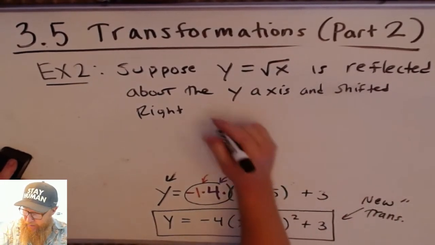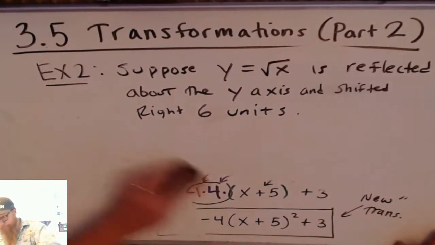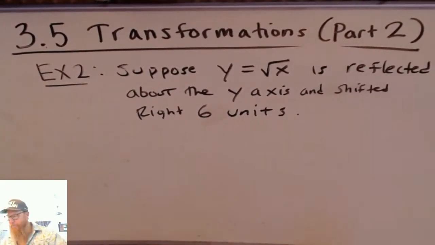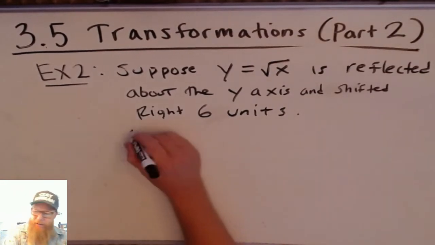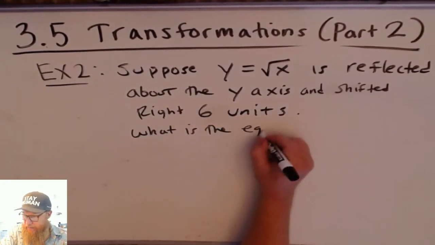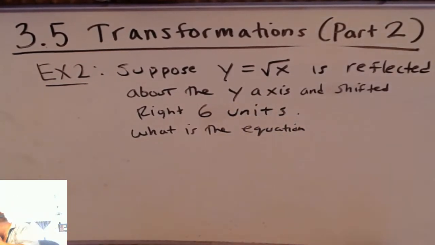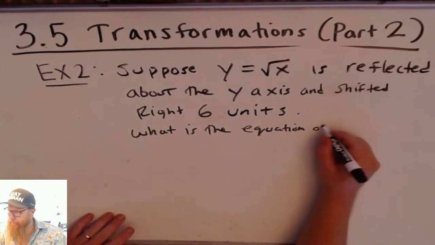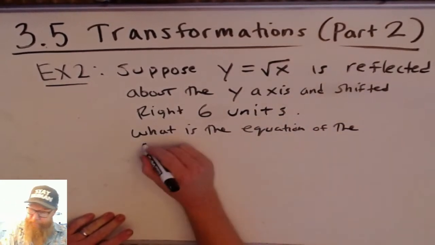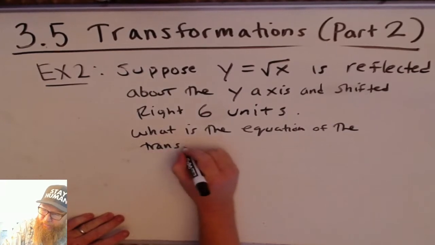No, we already did that. 6 units. Need some variety. Okay, what is the new graph? What is the equation of the transformed function?